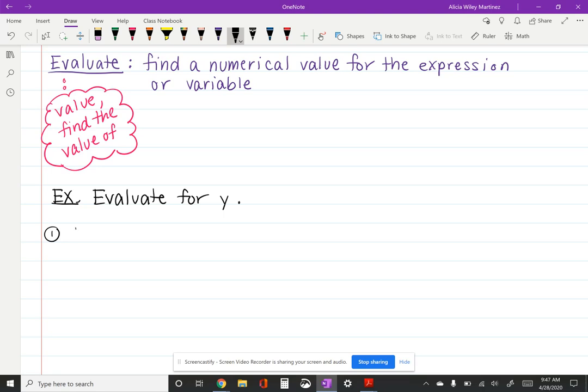We're going to find y when x equals 3. So let's look at the equation y equals 2x squared minus 3x plus 1.